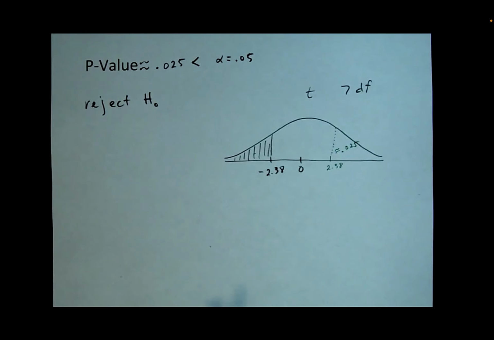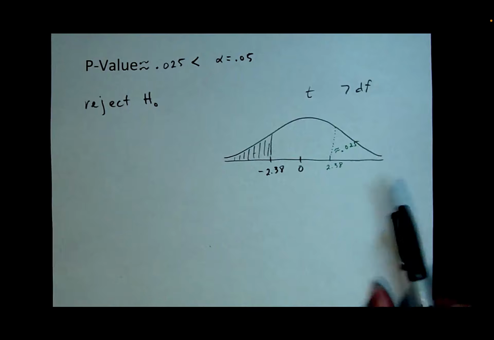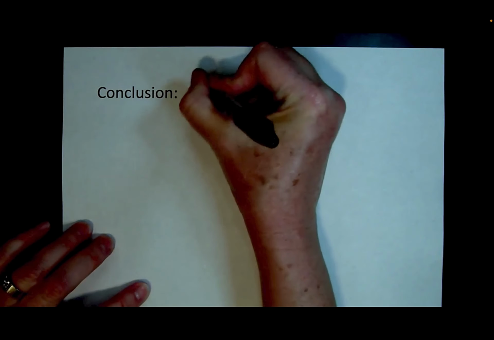And our conclusion then, which we state in terms of the alternate hypothesis, and by rejecting H naught, we're concluding that there's evidence to support H1. So that's what we'll say.